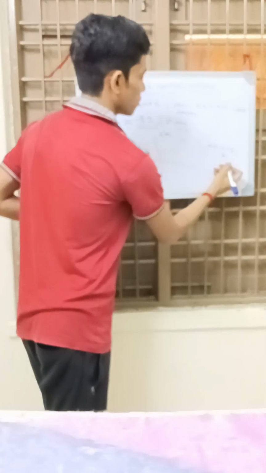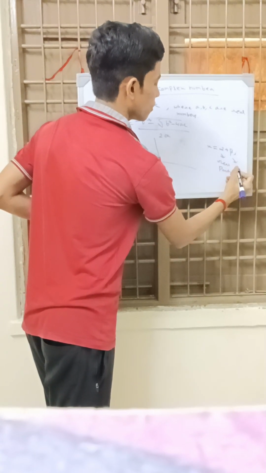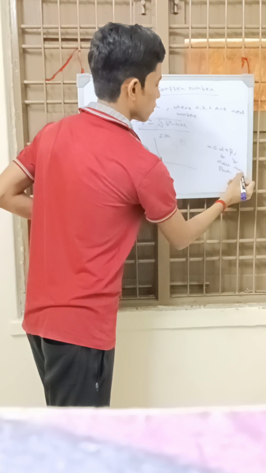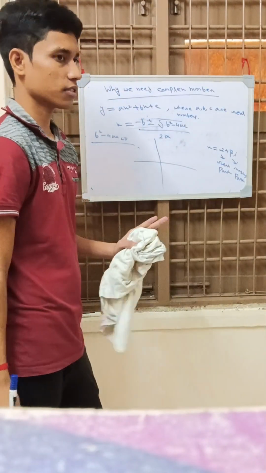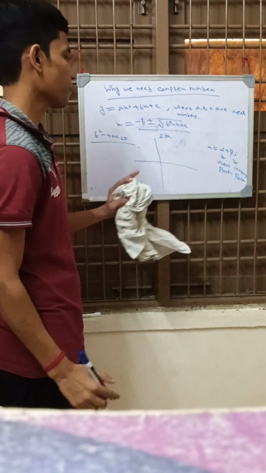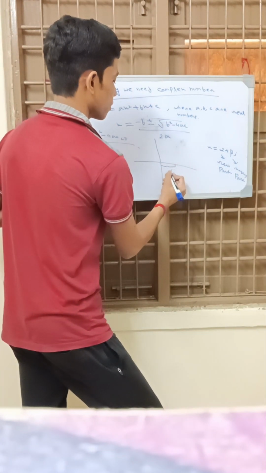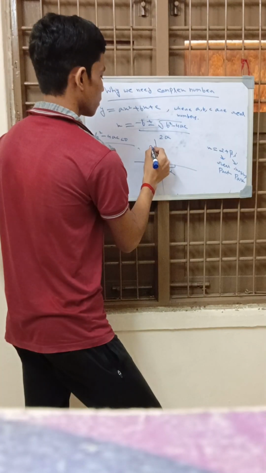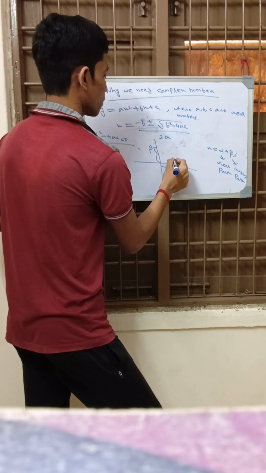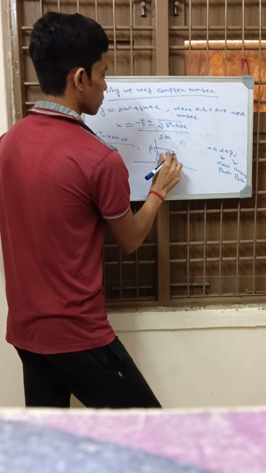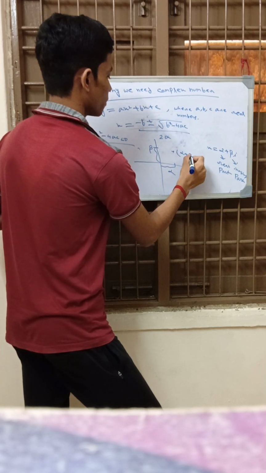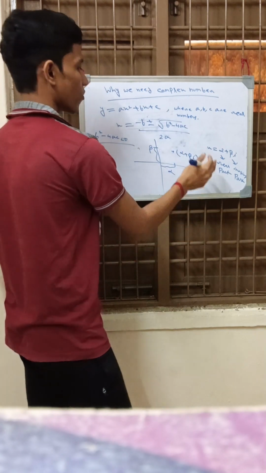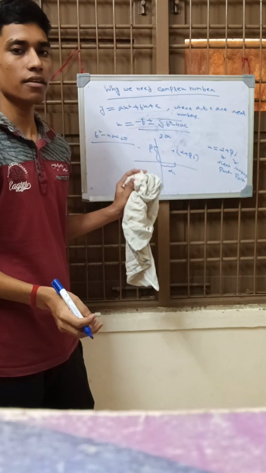Alpha is called the real part and beta is called the imaginary part. If we plot this in a 2D plane, suppose this distance is alpha and this distance is beta, then this point is the value of alpha plus beta i. So this is our complex plane. So this is the motivation behind complex numbers. Thank you.